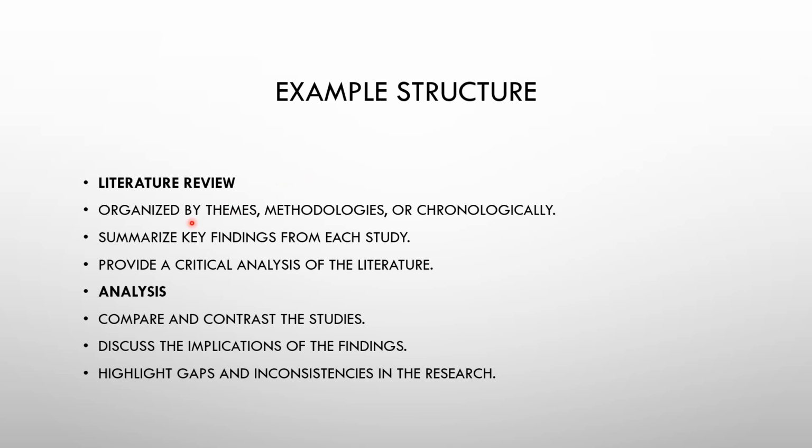Literature review: organized by theme, methodology, or chronology. Summarize key findings for each study. Provide a critical analysis of the literature. Analysis: compare and contrast the studies, discuss the implications of the findings, and highlight gaps and inconsistencies.